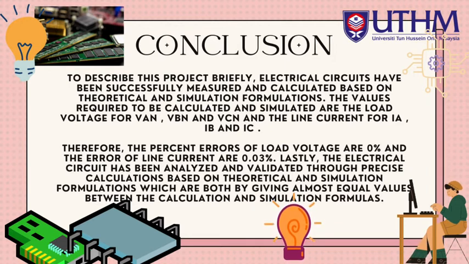The percent error for load voltage is 0% and the error for line current is 0.03%. Lastly, the electrical circuit has been analyzed and validated through calculation based on the theoretical and simulation formulas.